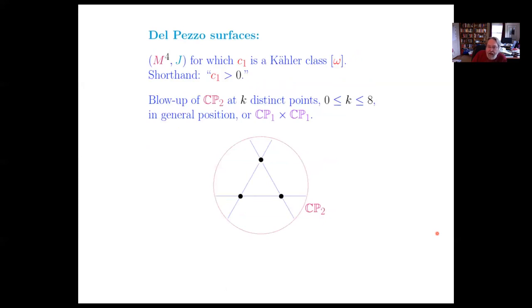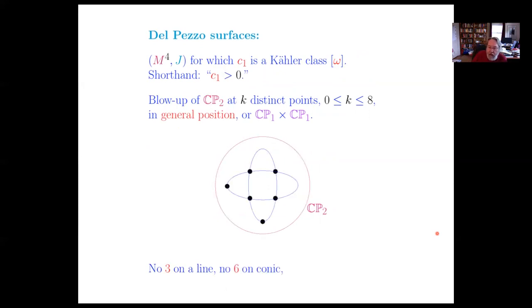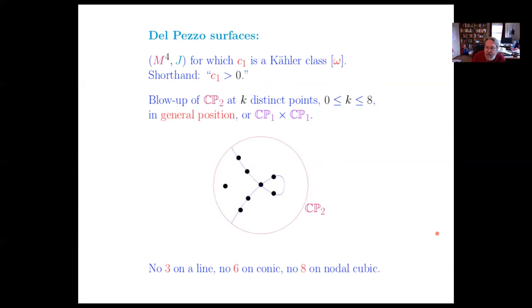All right, so I said that the del Pezzo surfaces are the blowups of CP2 at 0 to 8 points in general position, or CP1 times CP1. The general position statement is that no 3 of the points are on a line, no 6 of them are on a conic, and no 8 are on a nodal cubic with one of the points at the node.